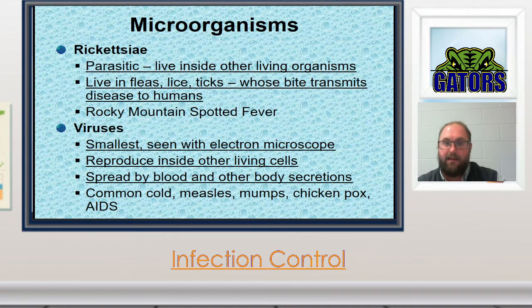They are so small, they have to use other cells to make copies of themselves in order to reproduce. They're spread through the air and through blood and through body secretions. Common examples of viruses are the common cold, measles, mumps, chickenpox, and currently COVID-19.